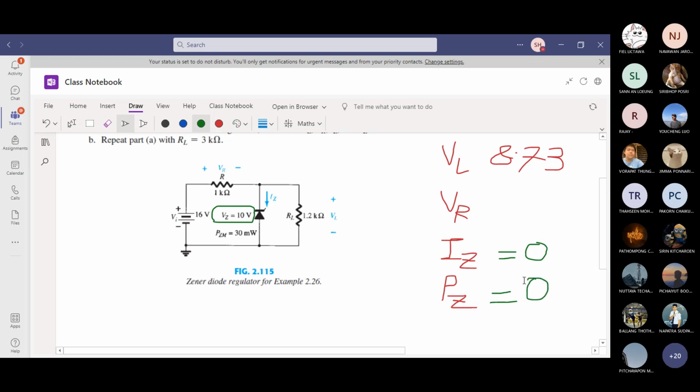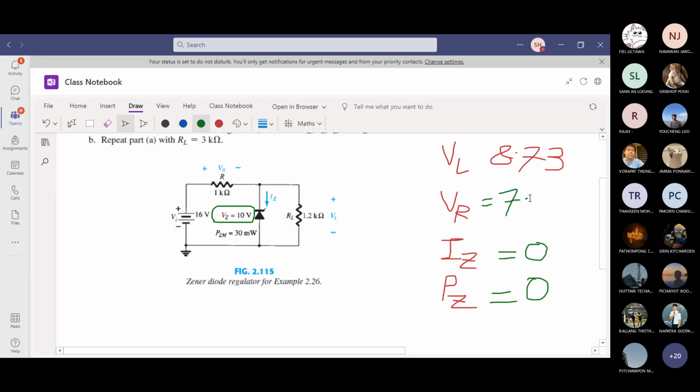Miss Pichayapon, can you find VR now? Given the circuit, you establish there is no zener that is on. So what is VR? VI minus VL. It will be 16 minus 8.73, which comes to 7.27 volts.